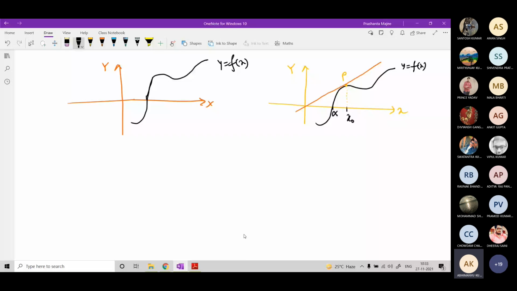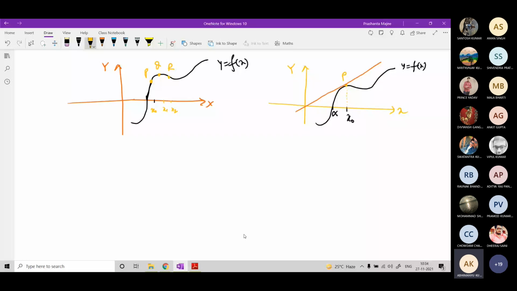Now in Muller's method, we take 3 initial guesses instead of 1: x0, x1, and let's say x2. Then we have 3 points on the curve, P, Q, and R, whose coordinates are x0, f of x0; x1, f of x1; and x2, f of x2.